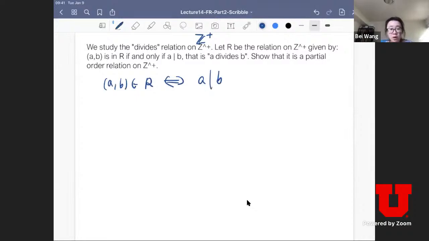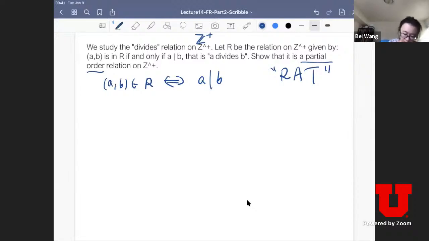So now we want to show it's a partial order on the positive integers. When you think about partial order, you need to prove something is a partial order if it's reflexive, antisymmetric, and transitive. Those are the 3 properties you want to show.